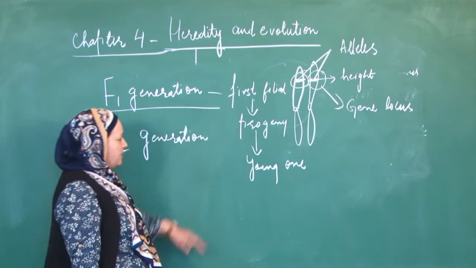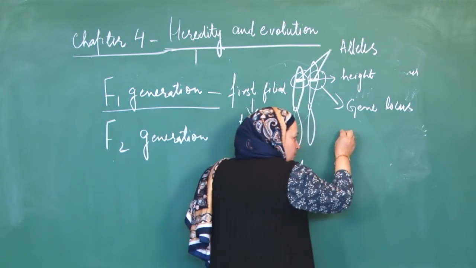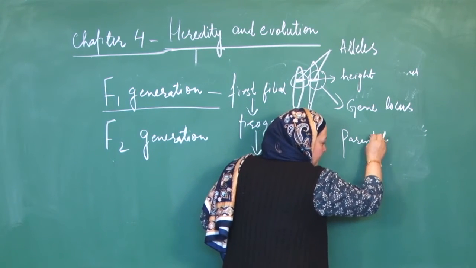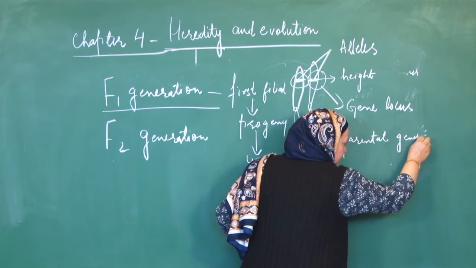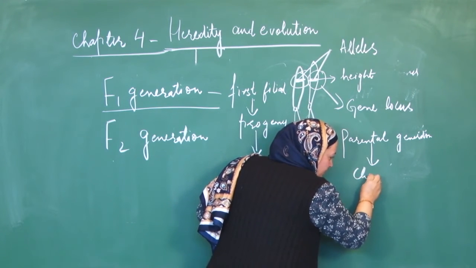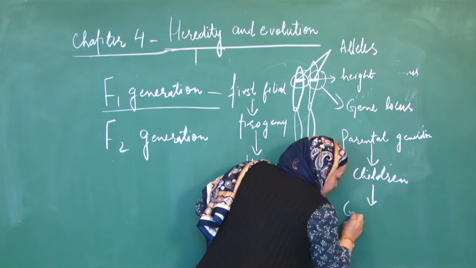Now, I can explain it in a simpler way. We have the parental generation, then children, then grandchildren.